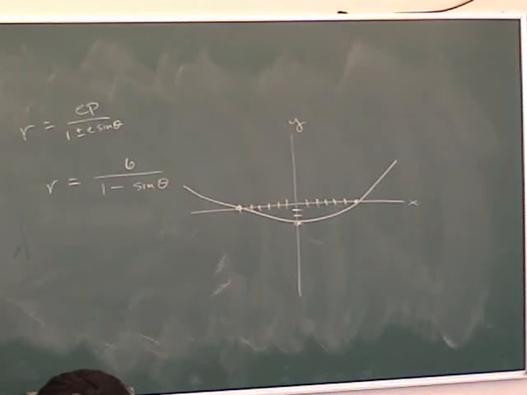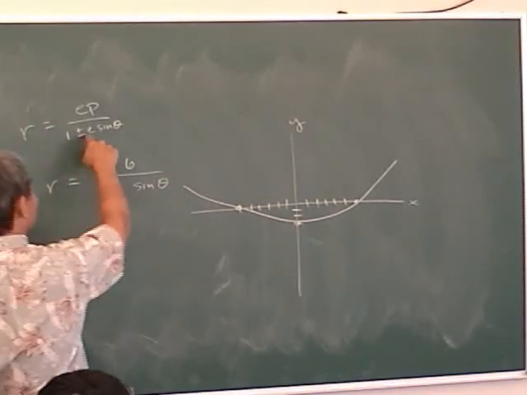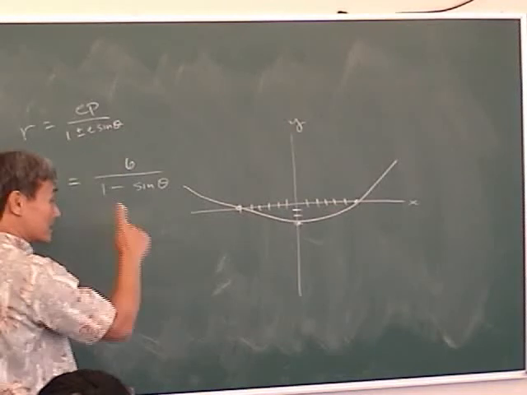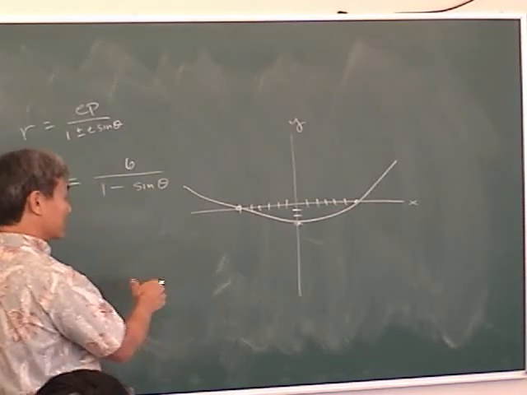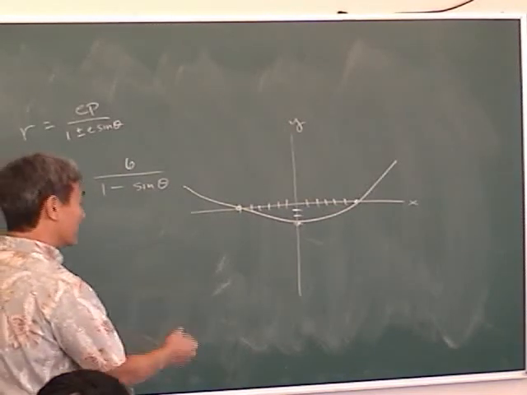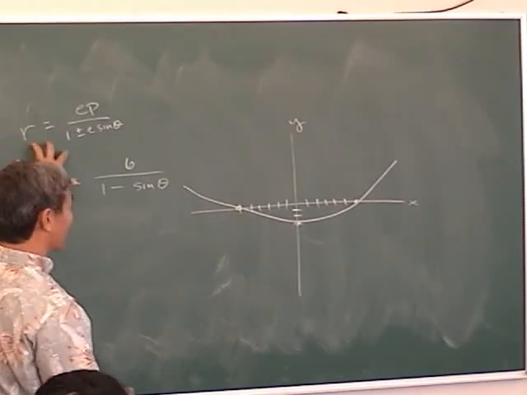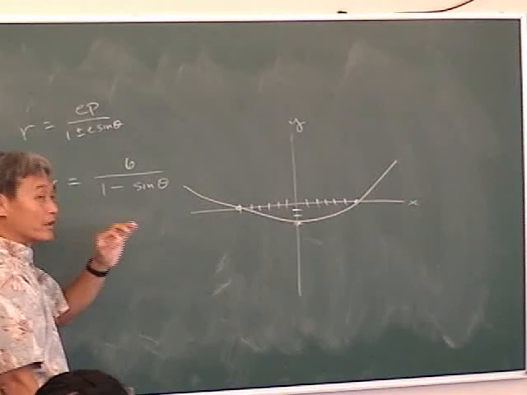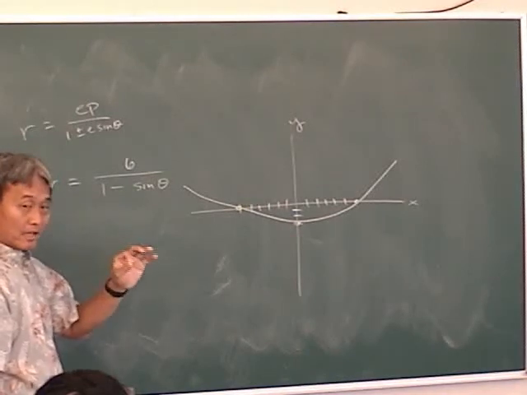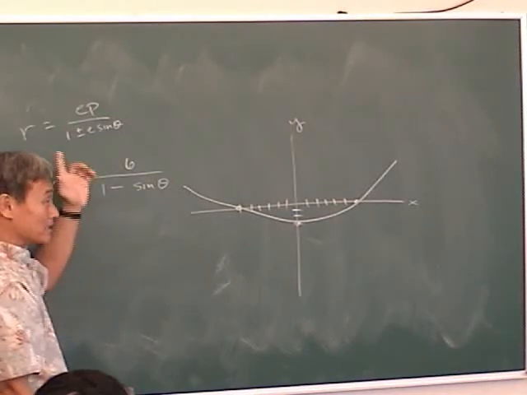Okay, fine. Now, whenever you have an equation in this form, this is the secret. I did teach it, but I wanted you to discover it. Anytime the equation is this form, one focus is always going to be at the origin, at the pole. That's how these equations are derived.